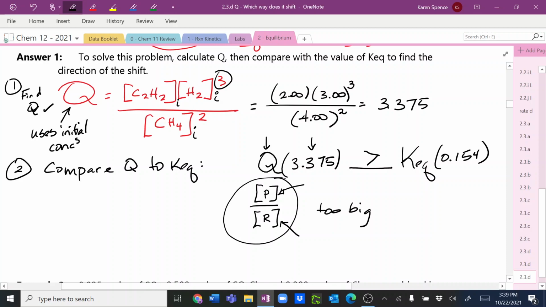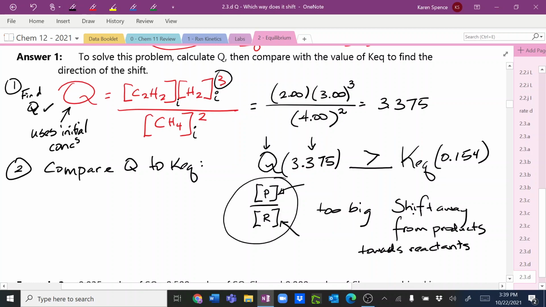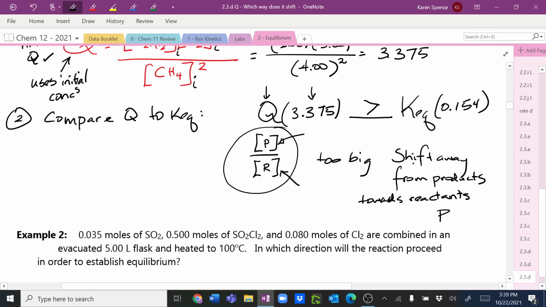So we're going to shift away from products towards reactants. And so that means we are shifting products to reactants, to the left.